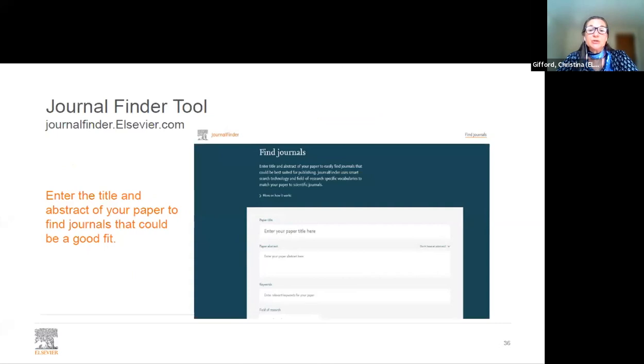This allows you to enter your working title, your abstract, keywords, and then select the field of research that is appropriate for your journal article, and it would provide you with a list of candidate journals that you can then look at more closely to determine if that would be the appropriate place to submit.